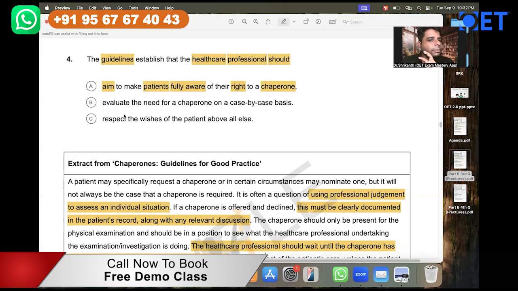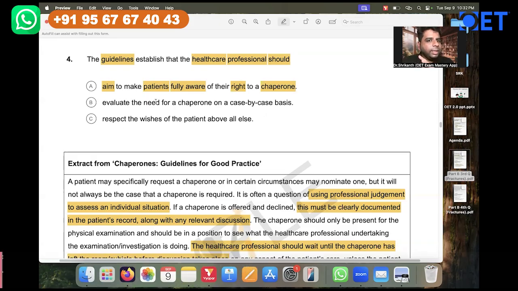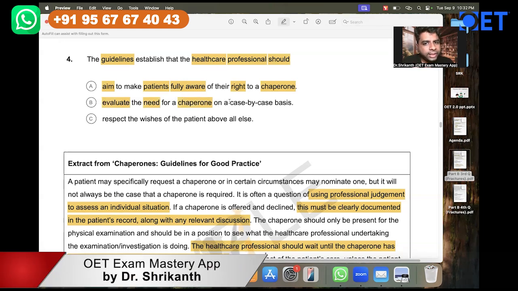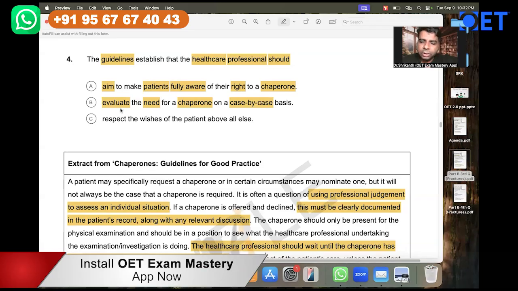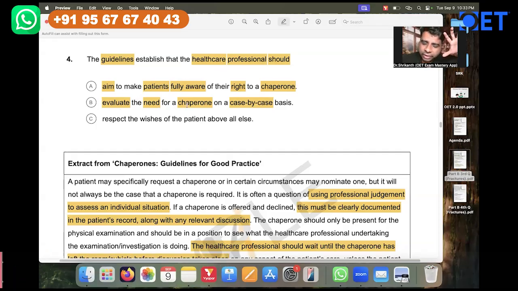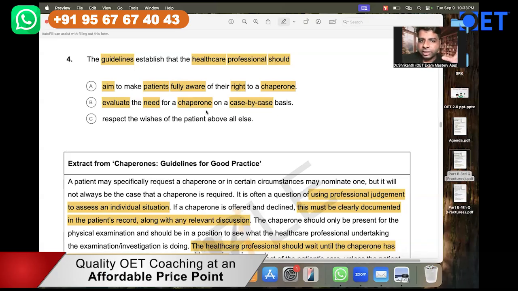Now, what is answer option B telling? Evaluate the need for a chaperone on a case by case basis. Here the guideline is telling the healthcare professional that they must evaluate, which basically means assess or check. They have to use their professional judgment and assess whether there is actually a need for a chaperone on a case by case basis.